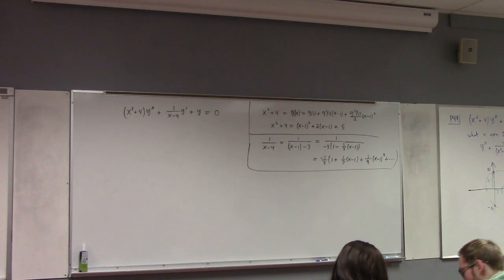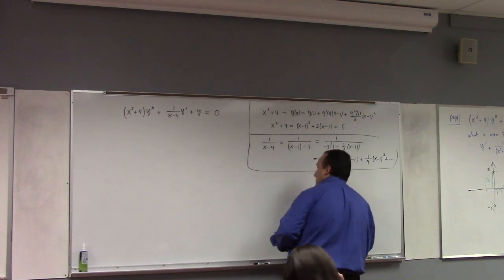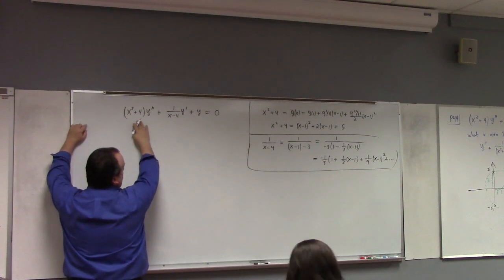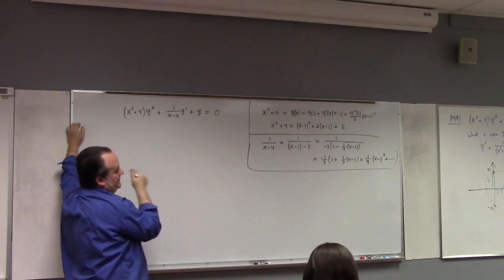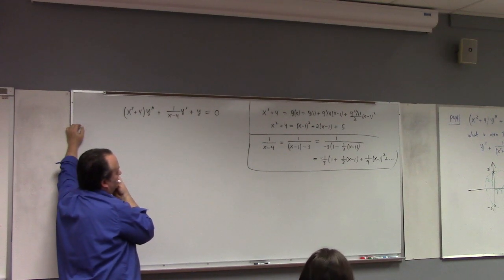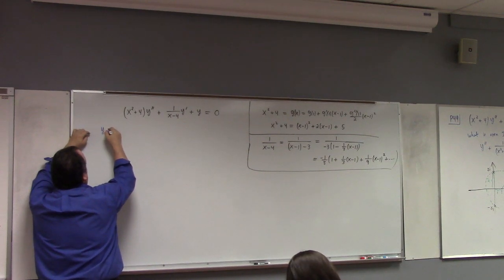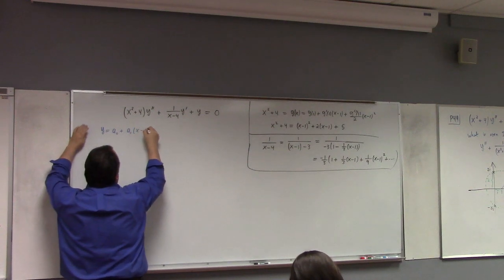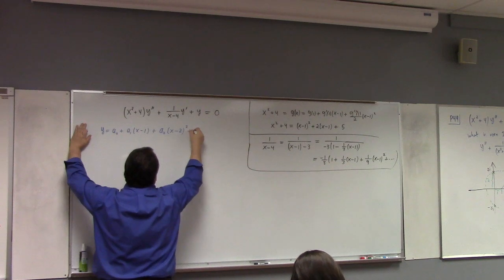I want to do that because that's just going to make things easier to calculate when I get to the actual problem here. I'm not sure if I should write these out in here yet. I think probably one other step before I put it all together is we're looking for the solution y equals a0 plus a1 times x minus 1 plus a2 times x minus 1 squared, right?